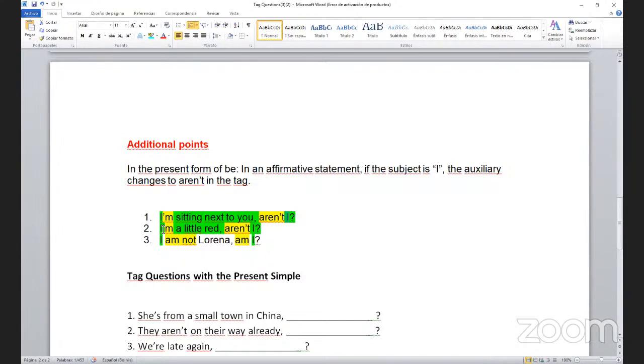For example, here, I'm a little red, aren't I?